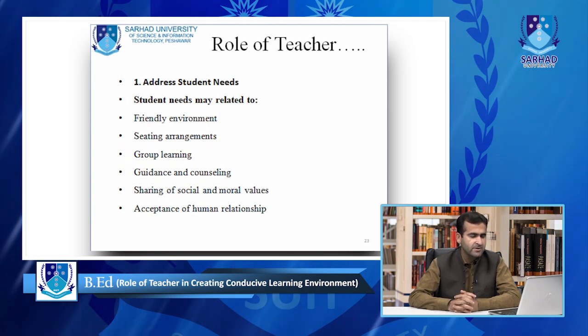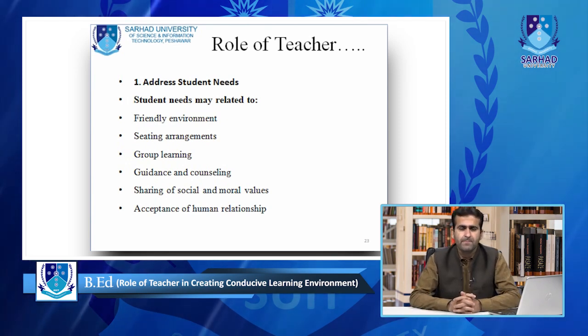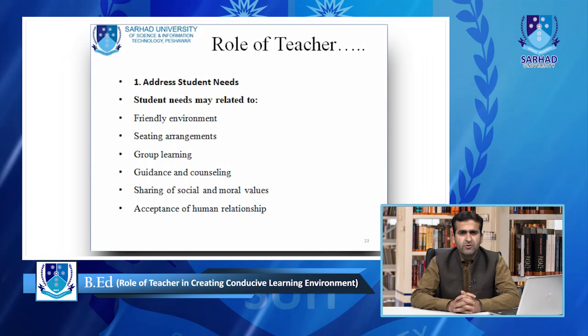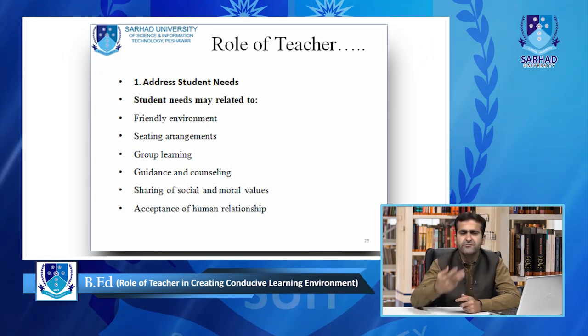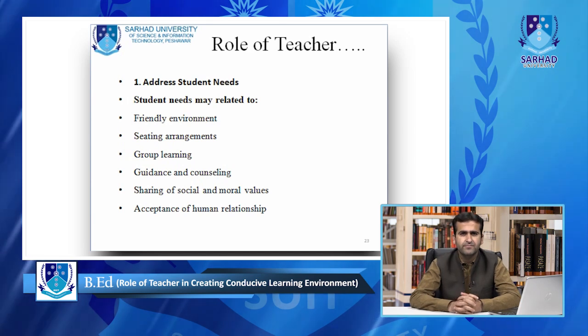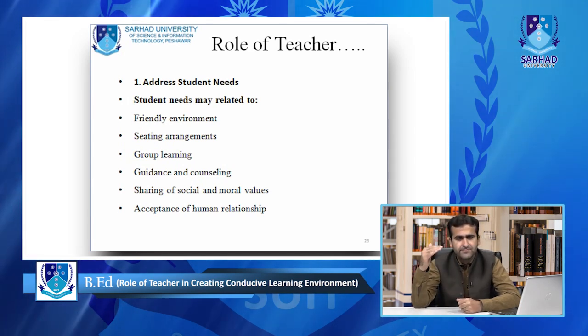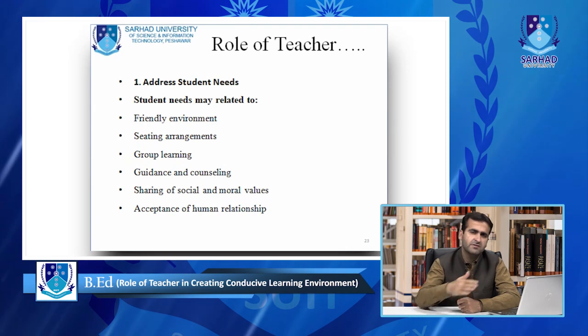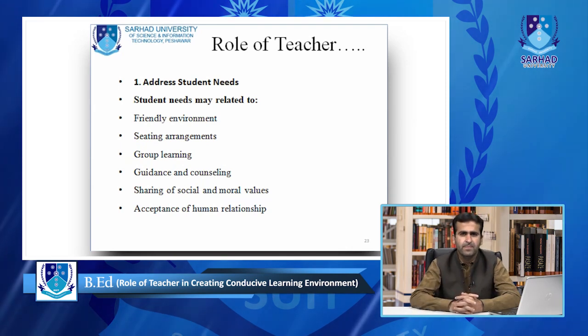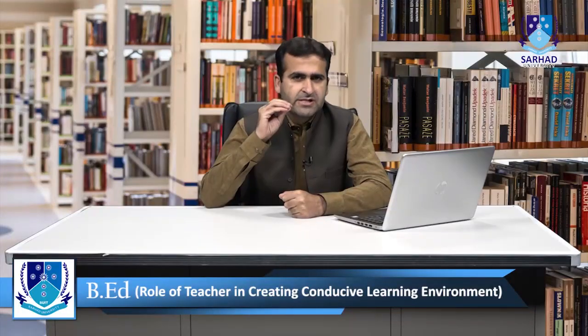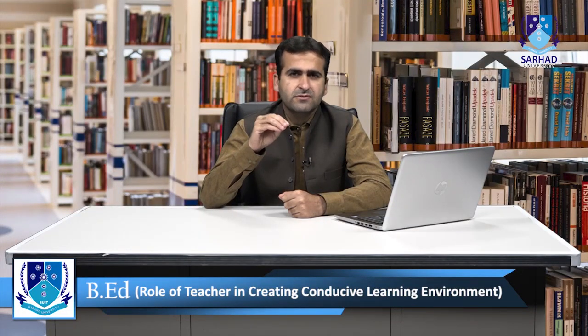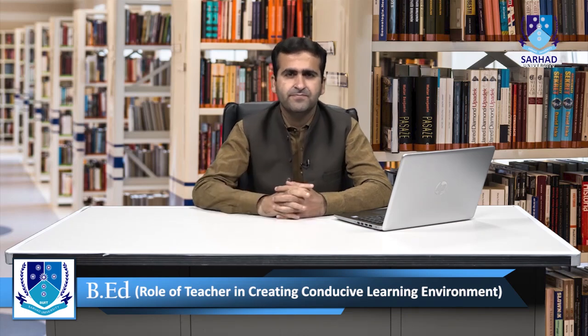Next, group learning. As we know, in every class there are 2 to 3 different categories of students: top talented, average, and below average. Whenever a teacher delivers a lecture, it's not necessary that all these 3 categories of students will learn excellently.